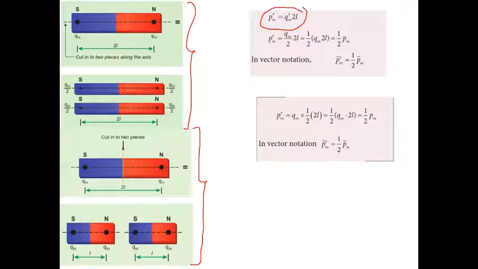Now we are going to see, if we cut the magnet into two pieces, what will happen to the dipole moment. That's what we are going to check.